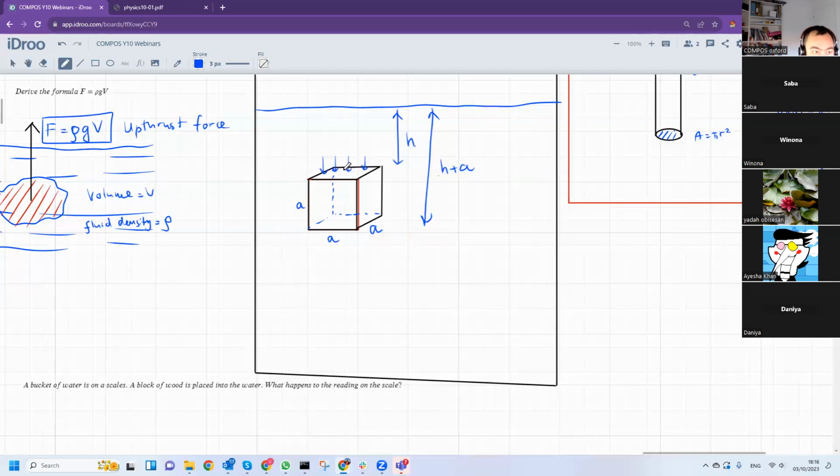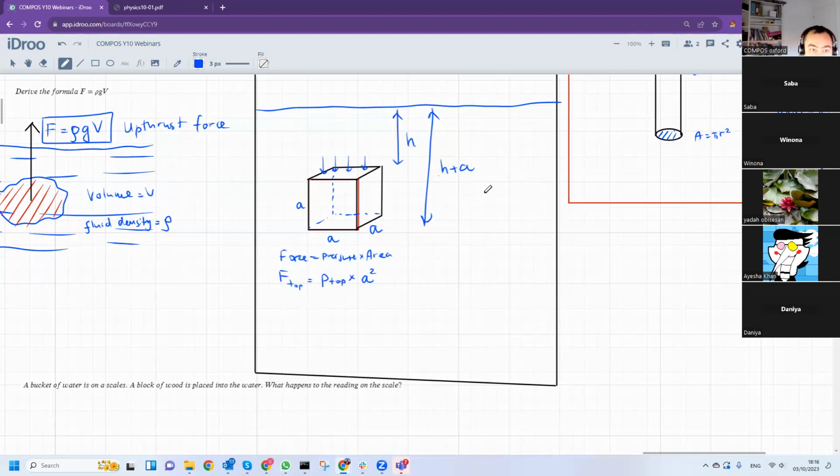And we know that the force on the top is equal to the pressure on the top multiplied by the area, and the area is A squared. Okay, is everyone happy with that? The force is pressure times area. So pressure is P top and area is A squared.